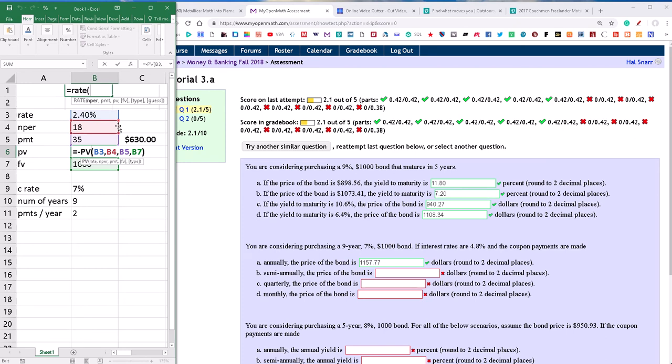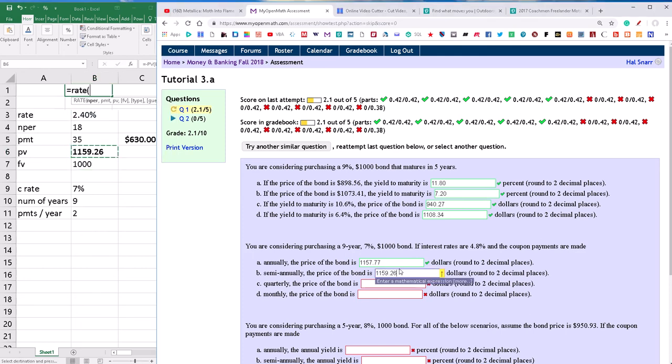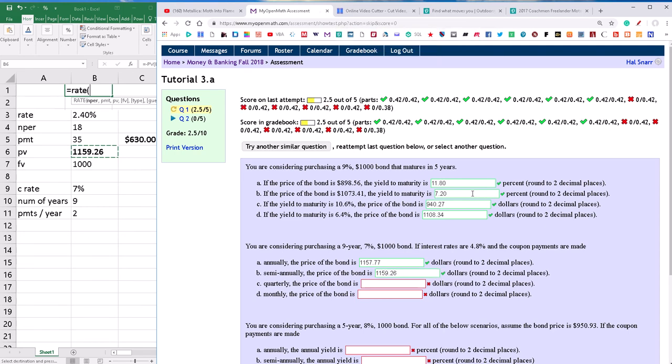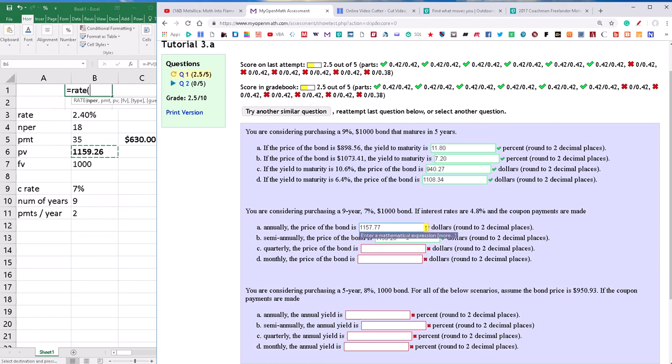The number of payments, in this case 18, because we have 9 years, 2 payments per year. And then we have a semi-annual payment of $35. And then we have a $1,000 face value. So what happened to the price of this as we increase the number of payments per year? The price goes up.